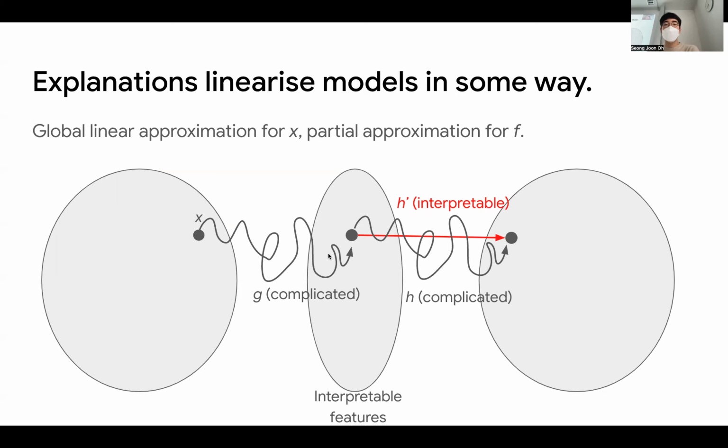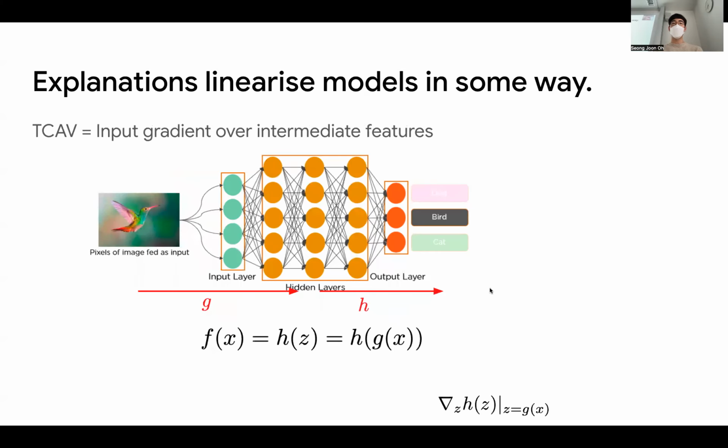So instead of explaining everything in terms of the input features, in this case, you're getting help from the intermediate interpretable features, and you're only approximating the second part of the network through gradients. And therefore you explain things in terms of interpretable features. This is the case for TCAV, because you're taking the gradient with respect to the intermediate layer.